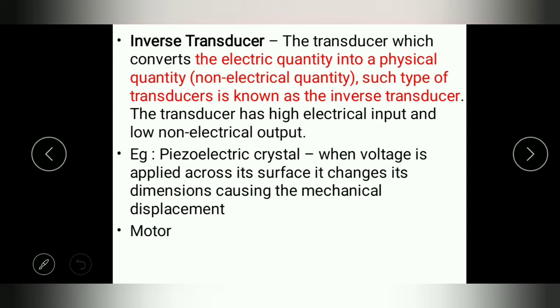So there we have the physical quantity to be measured, and we have the primary sensing element. The primary sensing element senses the physical quantity, and the transducer will convert the physical quantity to an electrical signal. That is what is happening in a direct transducer.